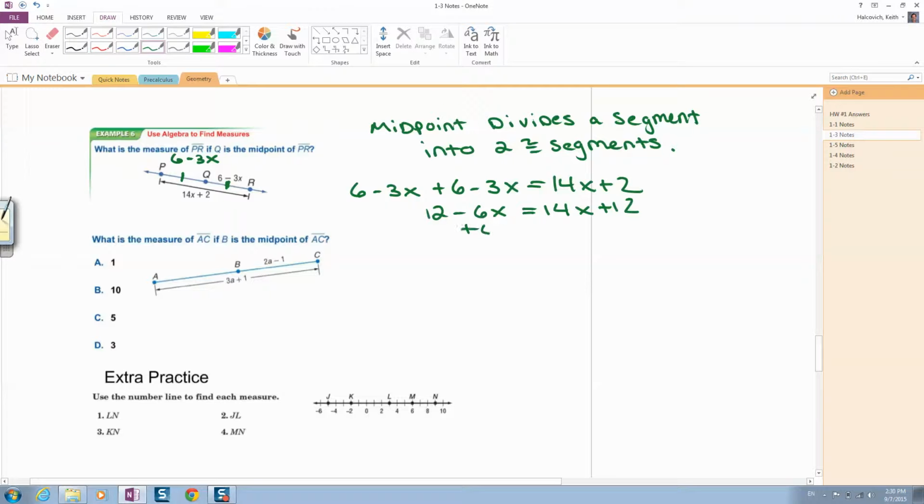Bring the x's over to one side. So you get 20x. Bring the numbers over to the other side. Oh, sorry, that's a 2, not a 12.